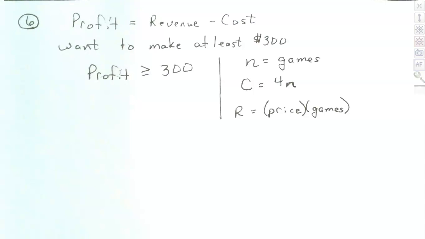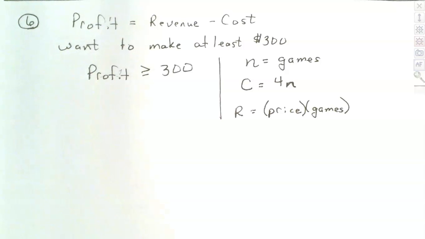So for example, if I have 10 games and I sell them at $6 a piece, then I made $60 in revenue, right? Price times the number of games. So that's how it's kind of tricky here. Now, what else do we know about the number of games that I sell? Well, I know the number of games that I sell is depending upon the price. So the lower the price, the more games I sell.